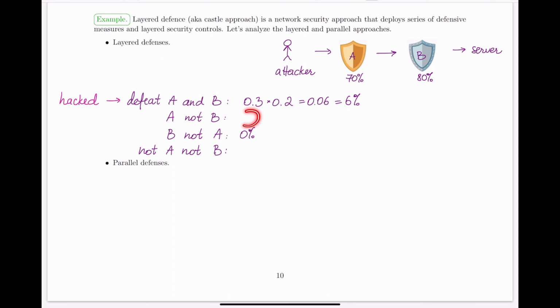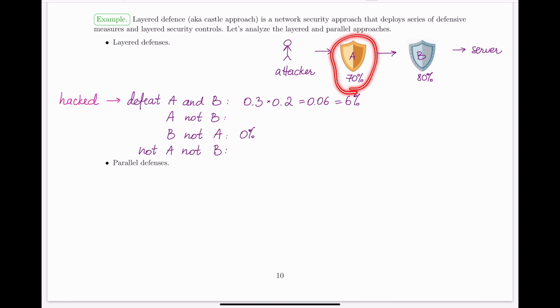Now I'm going to actually find the percentages for the rest of the cases just so I can double check myself, because these are all of the possibilities. All of the percentages actually have to add up to 100, and this is going to be another way of me making sure that all of my arithmetic is correct. So if the attacker is going to be able to attack A and not B, what does that represent in terms of probabilities?